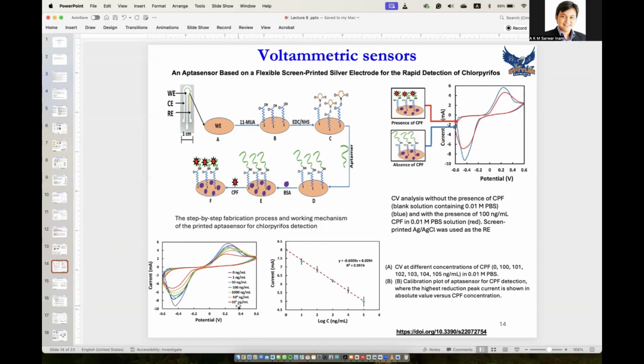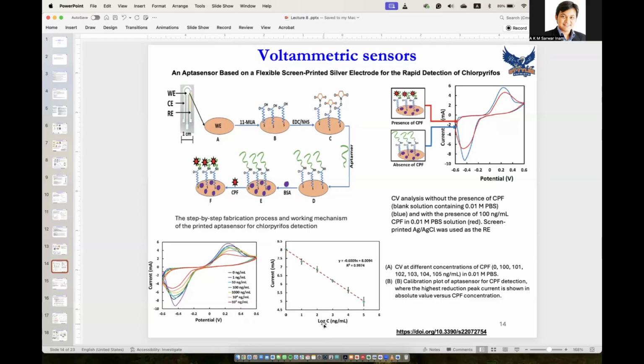And from this figure, you can see the more the amount of CPF is captured by the working surface of the sensor, the higher the number of aptamers that undergo conformational changes. That means it's bending closer to the surface of the working electrode, thereby increasing the electron transfer resistance.